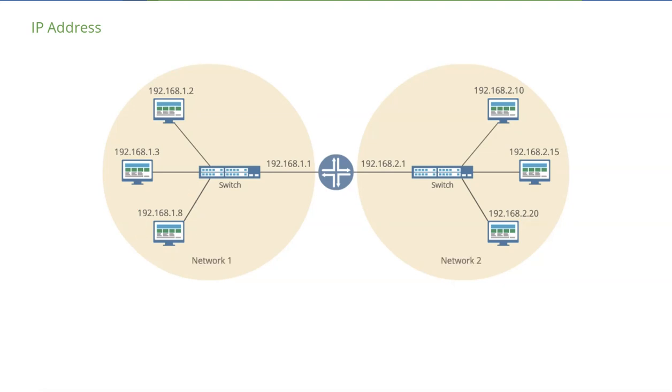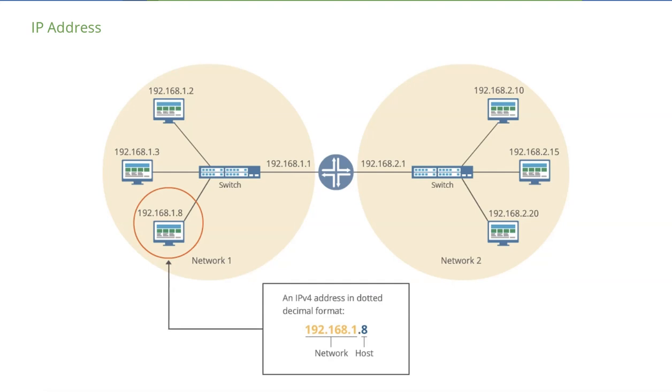Now, at a glance, you might look at the IP addresses in Network 1 and assume that the first three numbers, 192.168.1, indicate that network's number, and looking at Network 2, the numbers 192.168.2 indicate the second network's number. In this particular example, that assumption would be correct. But as we'll soon see, IP addresses are more complex than they might appear at first.